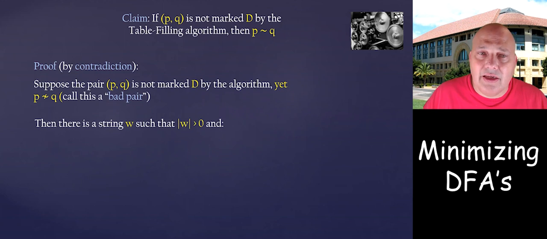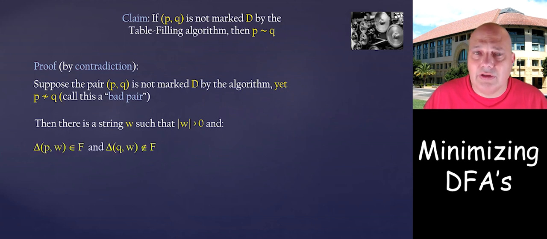And every bad pair has a non-empty string W such that, without loss of generality, when you read W from P, you accept, and you read W from Q, you reject. Why can we assume that W is non-empty?